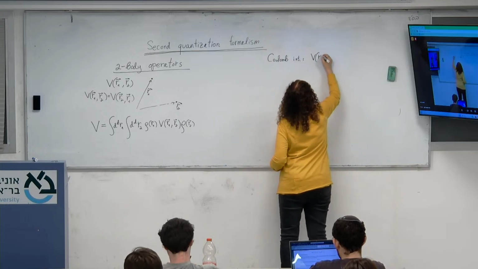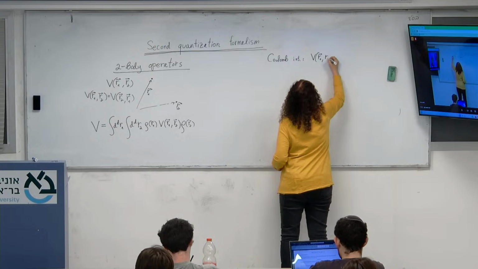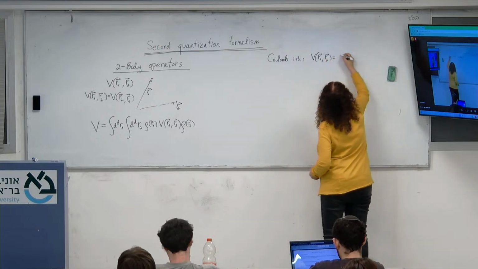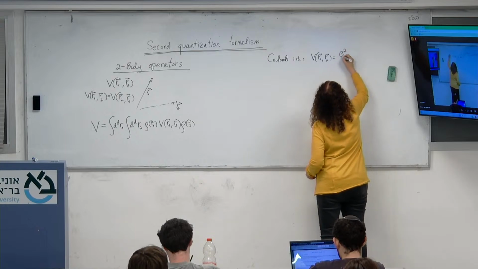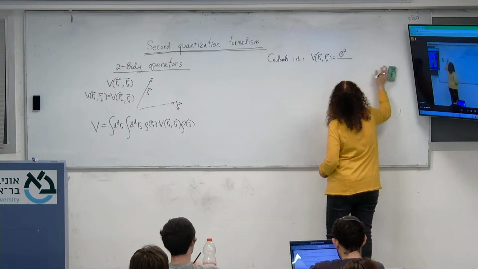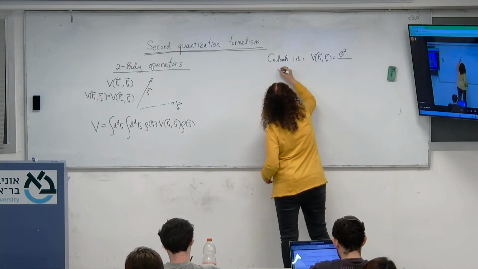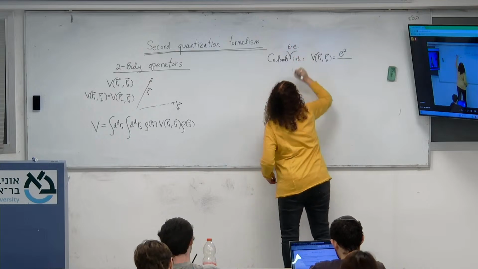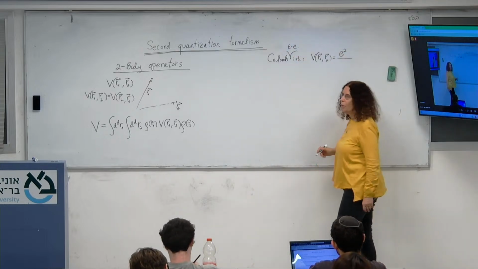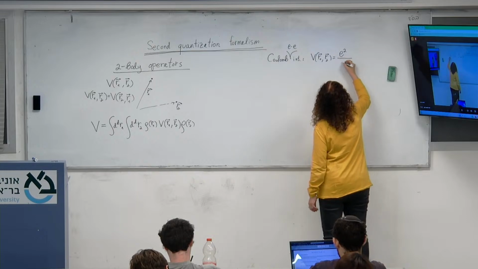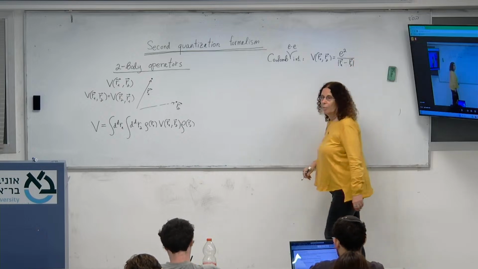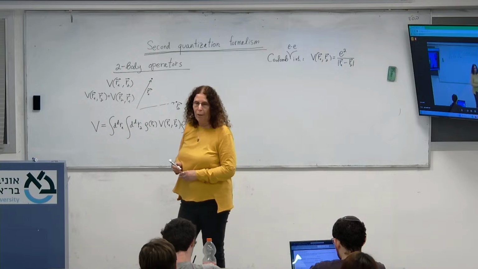Then V is given by e squared over the distance, between electrons. Otherwise, there's some other Q1, Q2. It's just the Coulomb interaction.